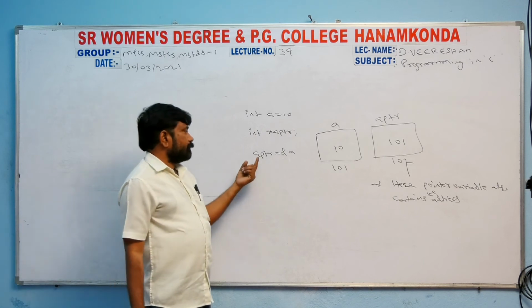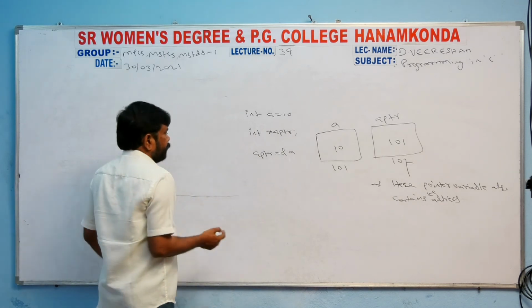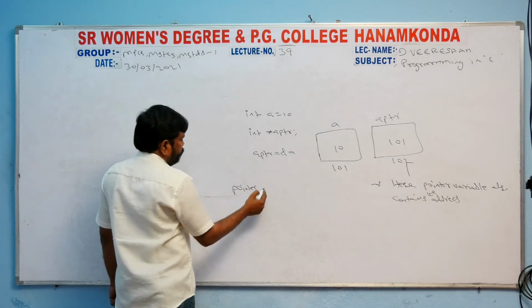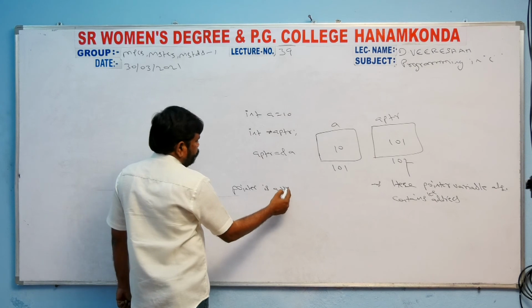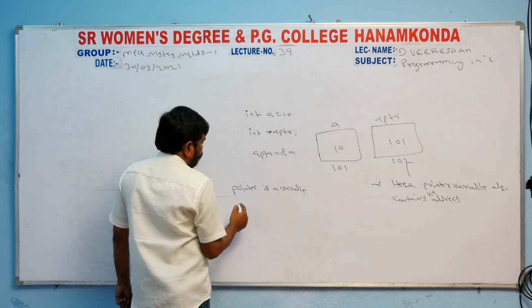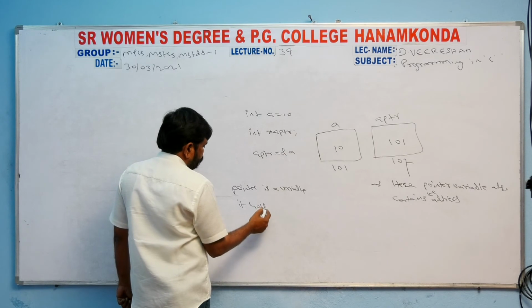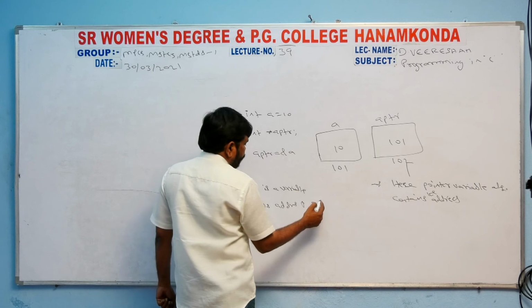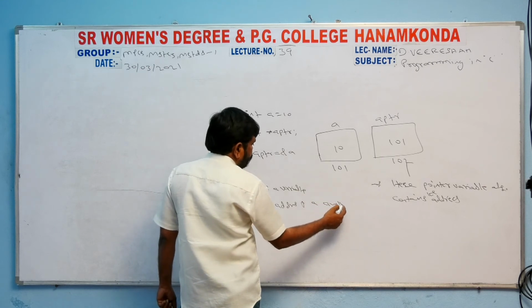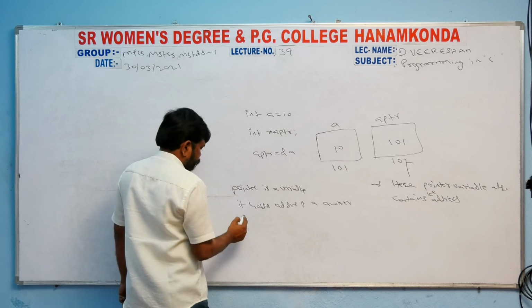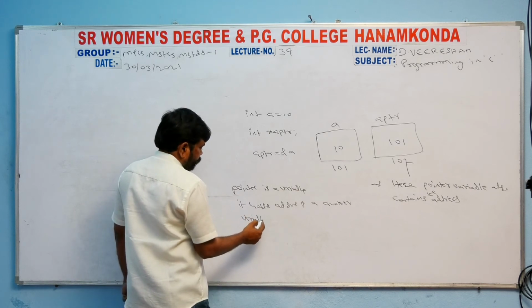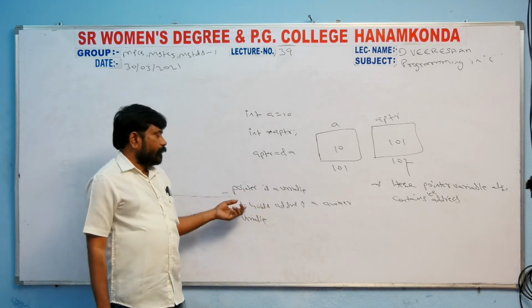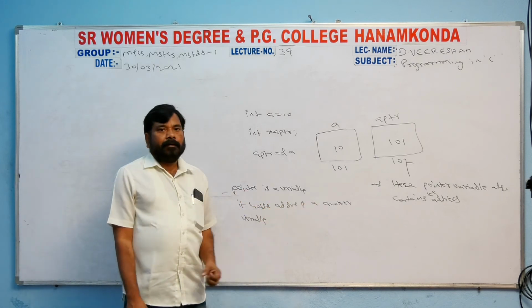What about pointers? What is the pointer definition? Pointer is a variable. It holds the address of another variable.